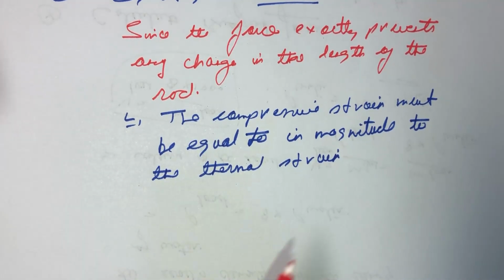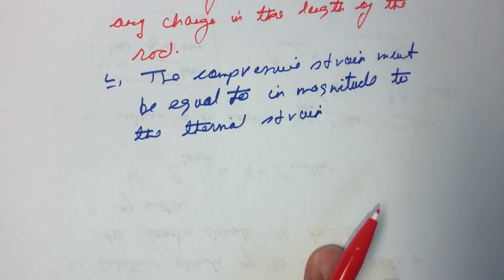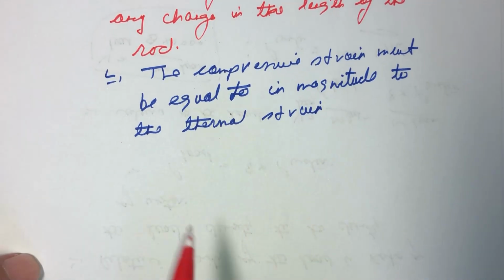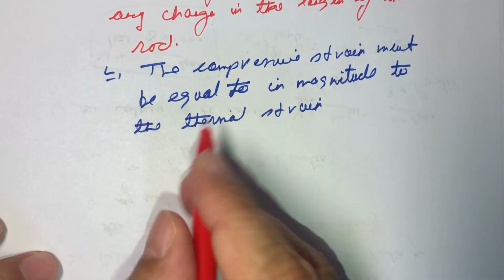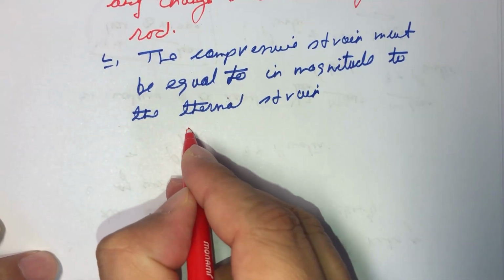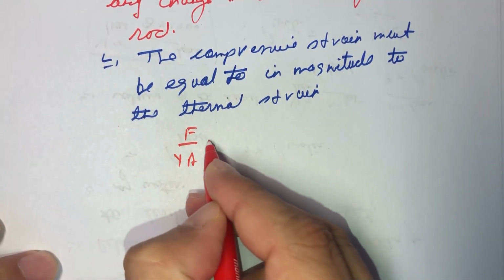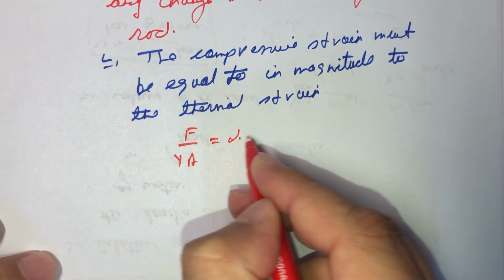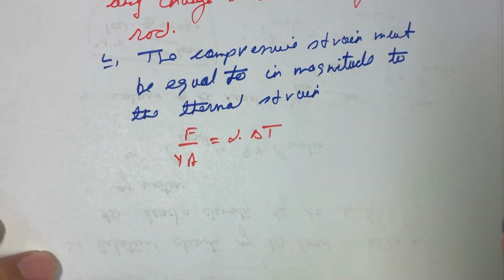Or we can say that F upon YA should be equal to alpha into delta T. Okay.